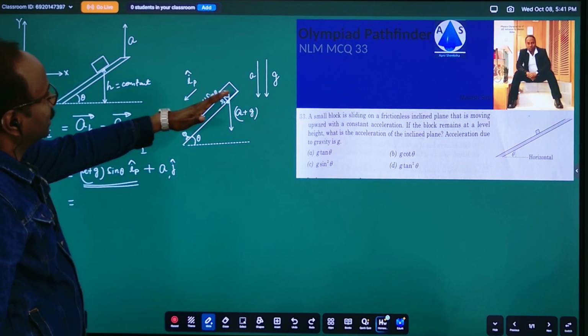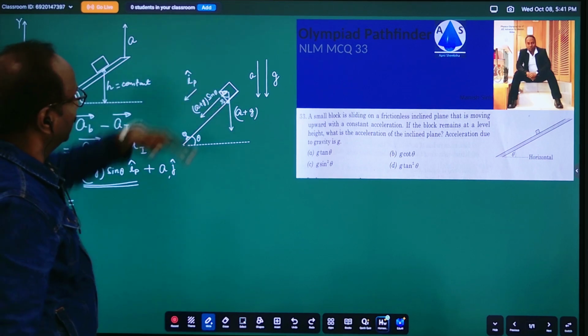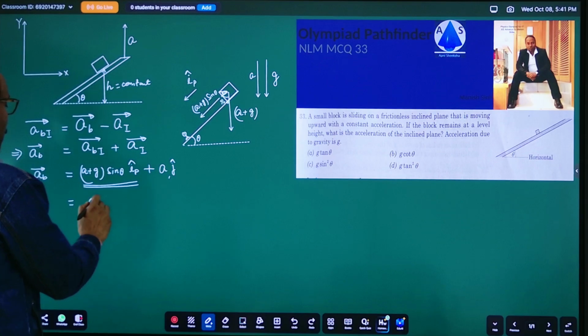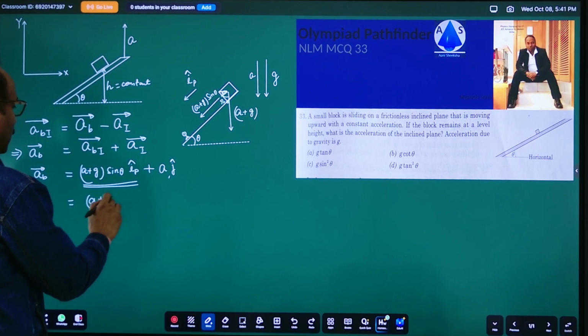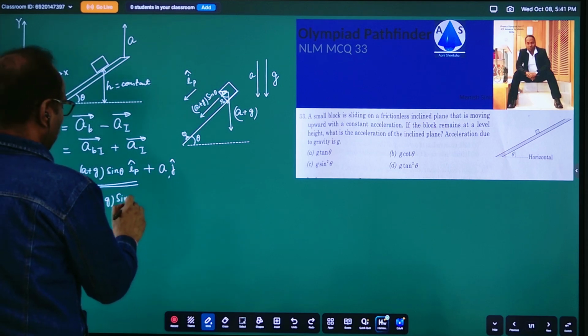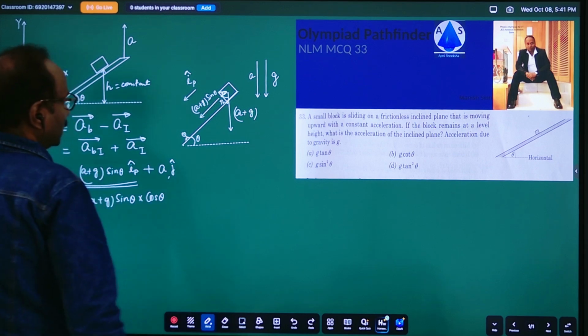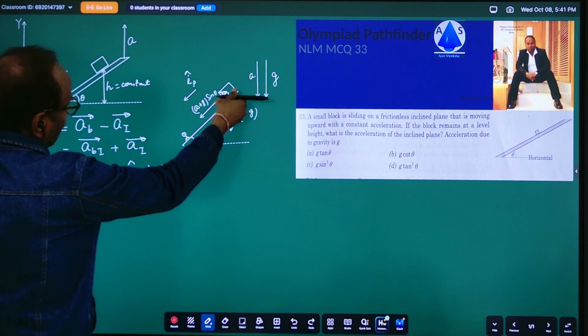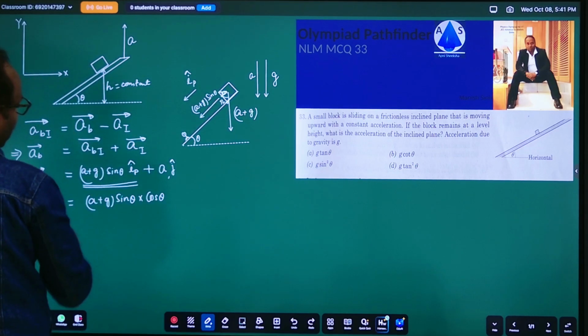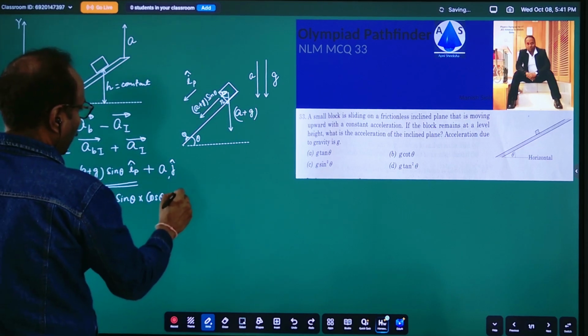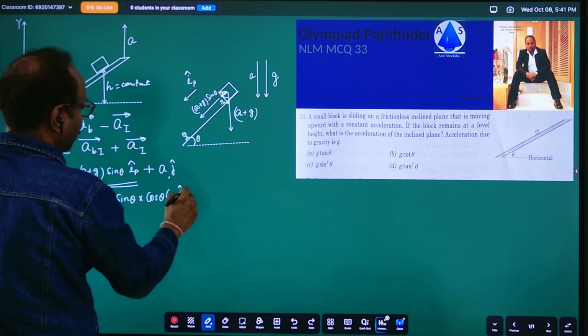So the acceleration when we take it in this direction will be (a plus g) sine theta into cos theta, and the direction is towards the negative of the x-axis, so minus i cap.